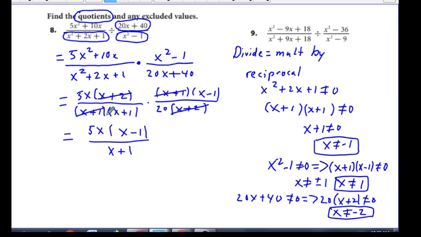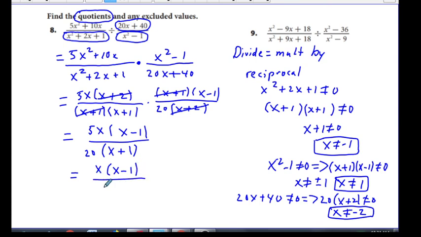Now, we don't have to multiply this by anything, but there's that 20, right? Where is that 20? Let's take care of that 20. We didn't cancel that out, so let's put the 20 here. And what is 5 divided by 20? Well, that cancels to 1/4. So we're going to have x times x minus 1, and that 5 was canceled out.